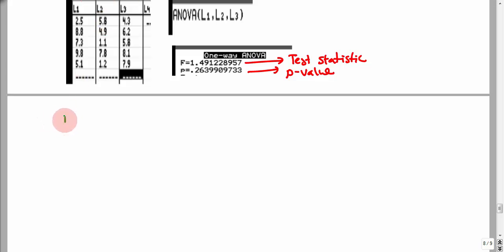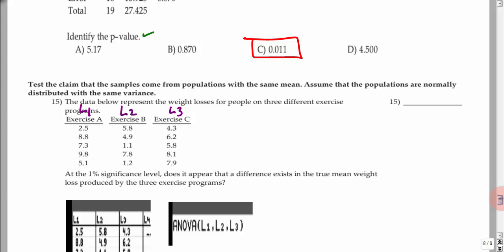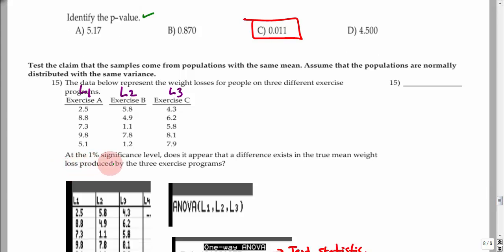Okay, so let's go ahead and run our official hypothesis test, H0 versus HA. Let's go back up one more time and see what they're asking us to test. At the 1% level of significance, does it appear that a difference exists in the true mean weight loss produced by the 3 exercise programs?